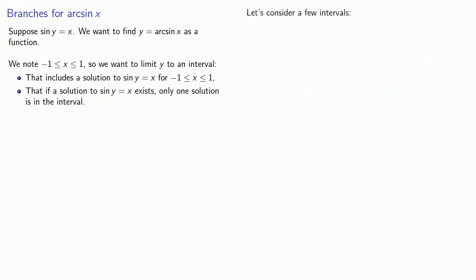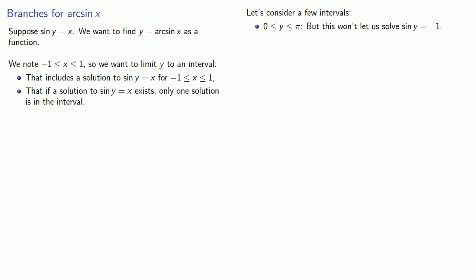So let's consider a few intervals and see which one will work for us. So for example, how about 0 less than or equal to y less than or equal to pi? Will this work as an interval? Unfortunately this won't. This won't allow us to solve sine y equals negative 1. There's no solution in that interval to this equation.